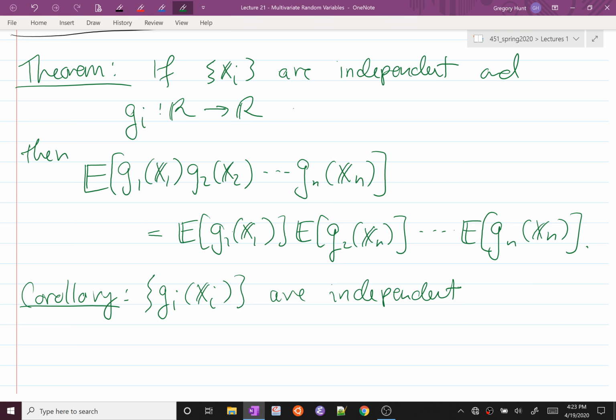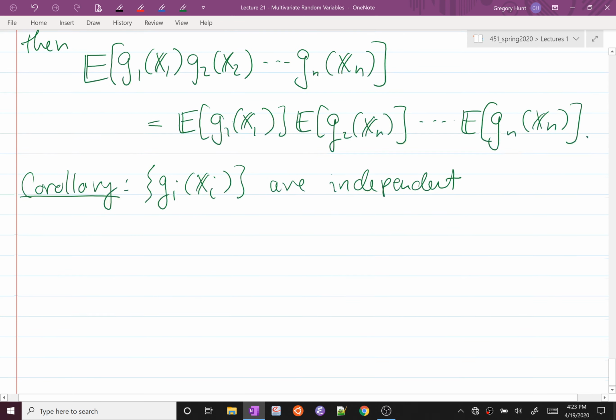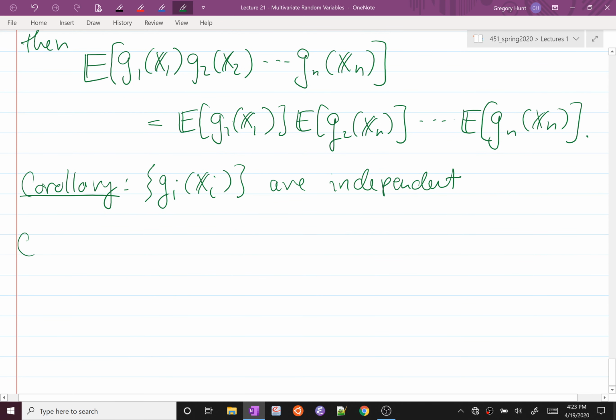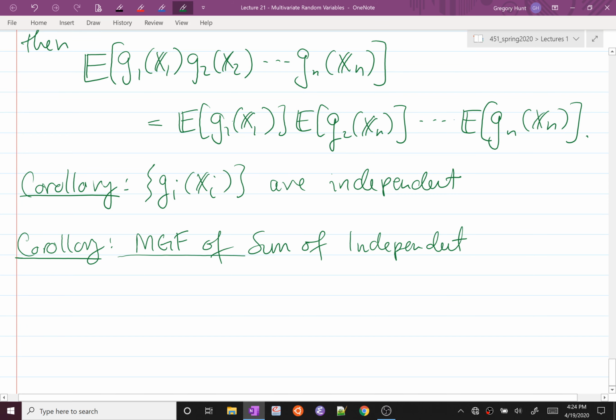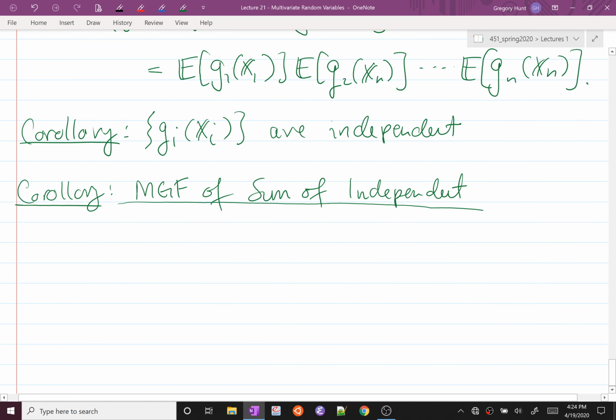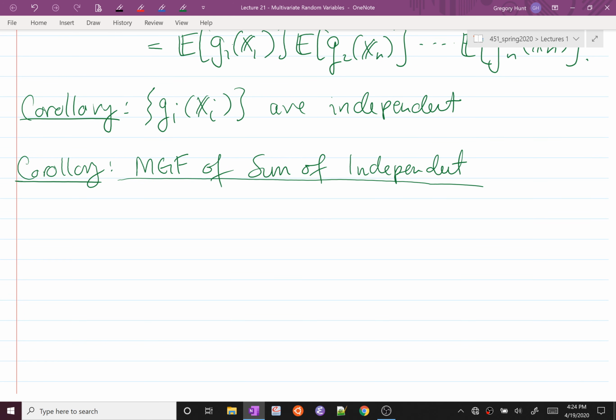This also gives us some nice theorems. So here's another corollary about MGFs: the MGF of a sum of independent random variables. We know that MGFs are defined as expected values, so the theorem above has something to say about MGFs.